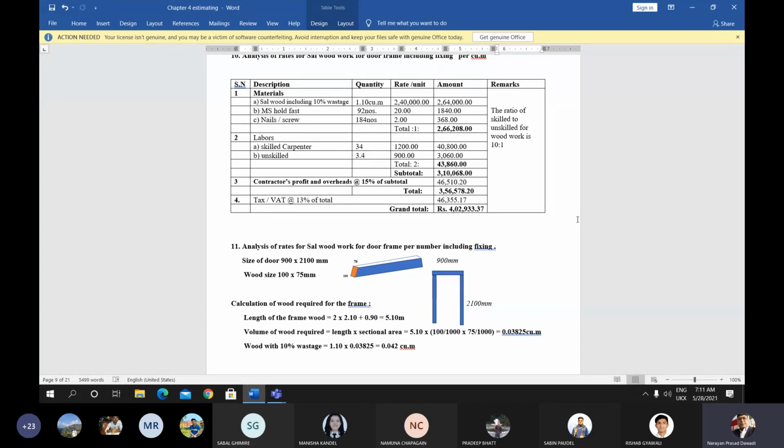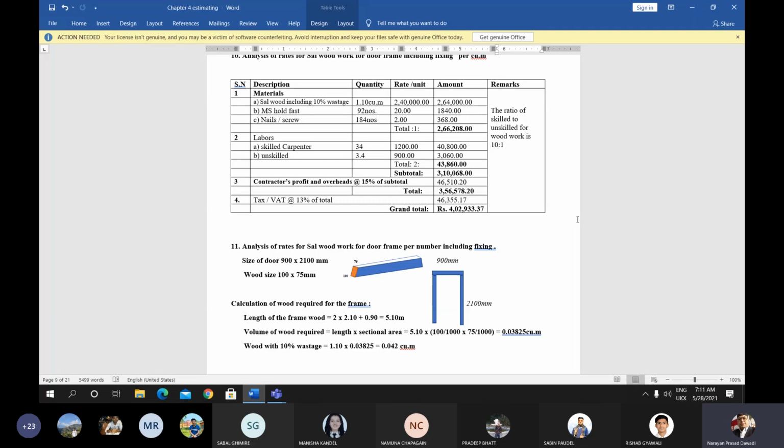That is, if three members are required for one door frame, two vertical and one horizontal member of size 900 mm by 200 mm, then 23 door frames can be made using 1 cubic meter of solid wood, having the wood size of 100 by 75 mm.